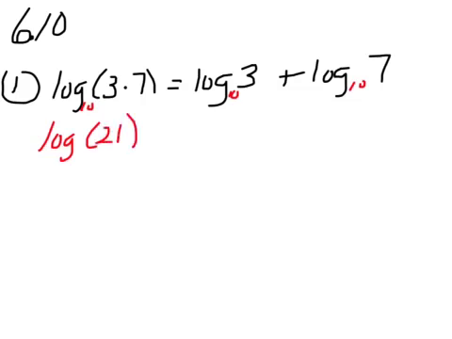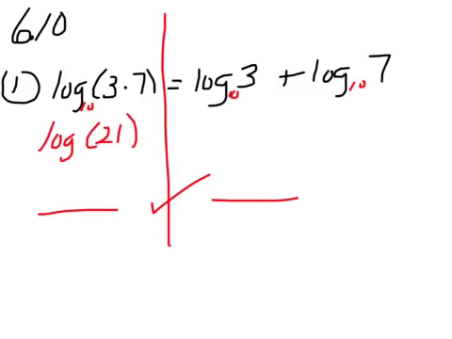You put it in your calculator, you write down your value. And then over here on this side, you're going to put log 3 plus log 7 in your calculator. You're going to write it down, and you're going to notice that they're equal. This is the same thing as what was going on in problem 46 in section 6.9, they were just trying to get you to see how these log rules work and that they really do work.